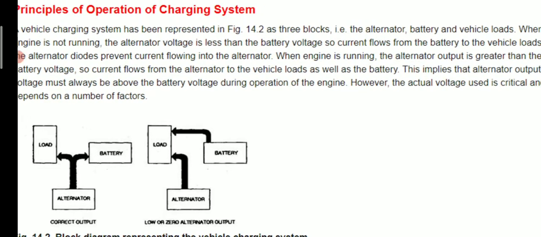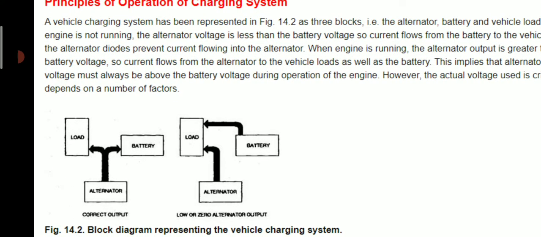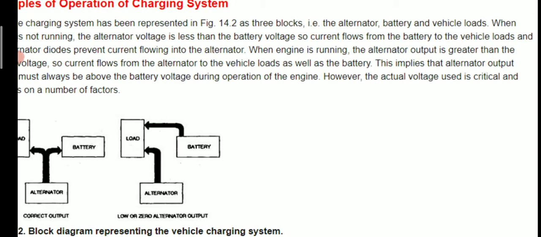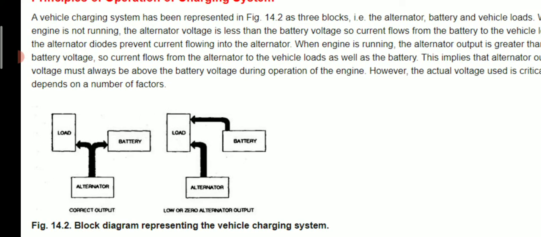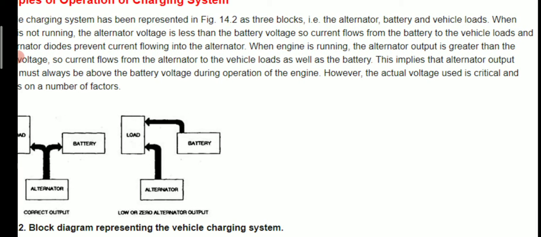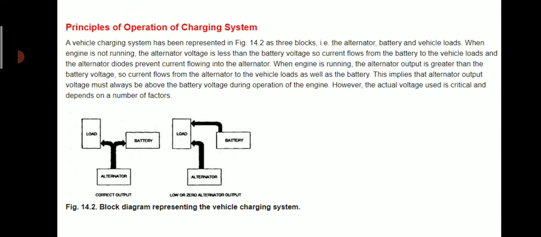When the engine is running, the alternator output is greater than the battery voltage, so current flows from the alternator to the vehicle load as well as the battery. This implies that the alternator output voltage must always be above the battery voltage during operation of the engine. However, the actual voltage used is critical and depends on a number of factors. So this is the principle of working of the charging system.